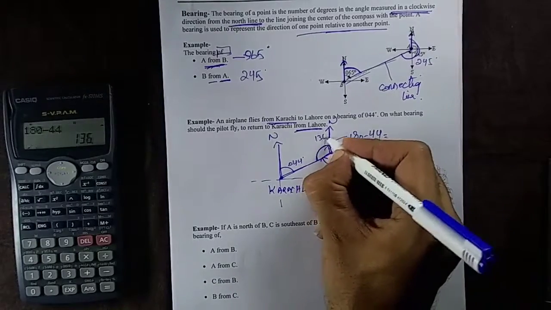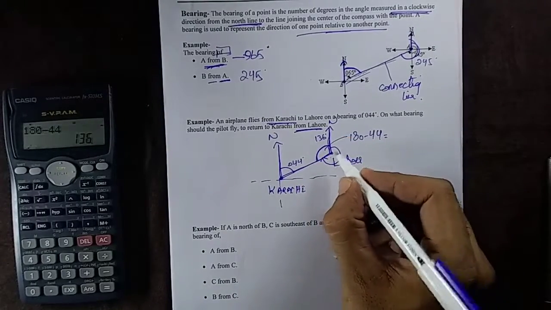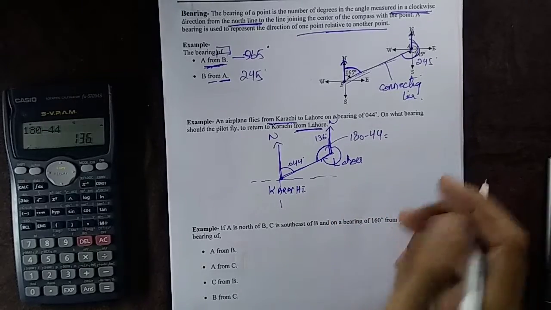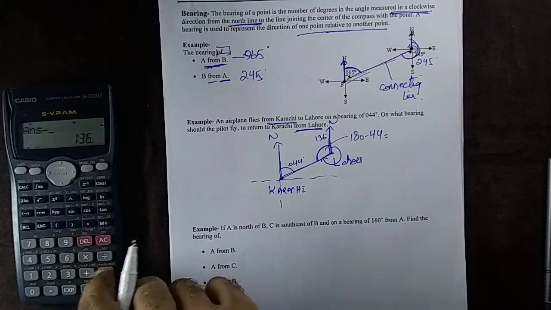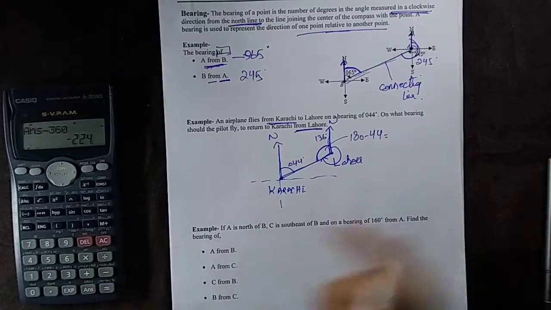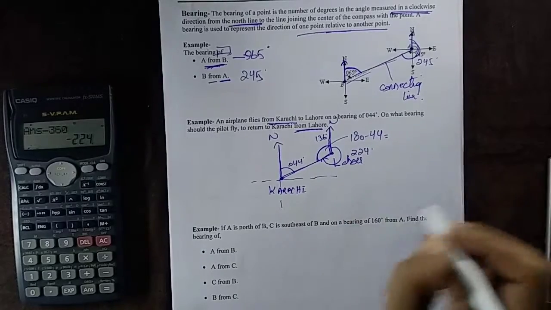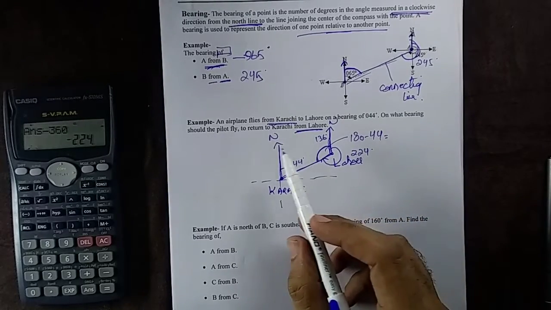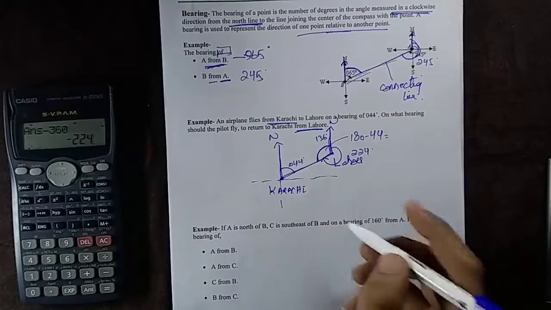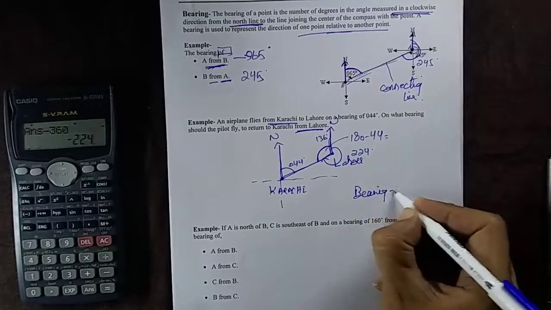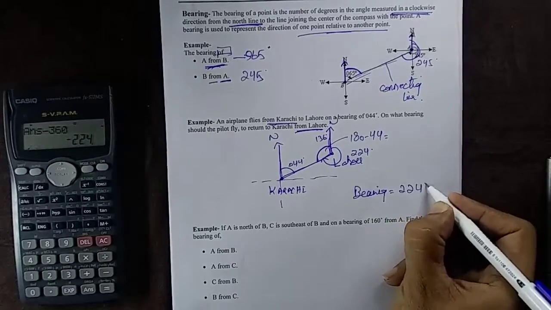So this complete angle would be 136, and to calculate the bearing, it would be the difference from 360 degrees, because one complete rotation is 360 degrees. So 360 minus 136 would give us the bearing as 224. So the bearing of Karachi from Lahore would be equal to 224 degrees.